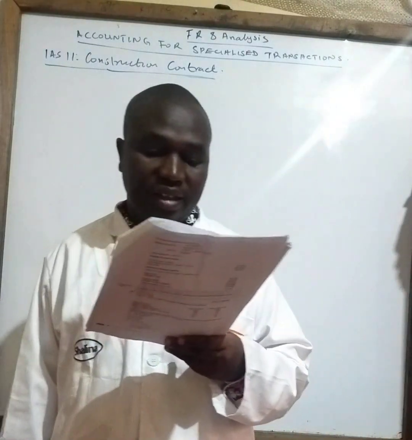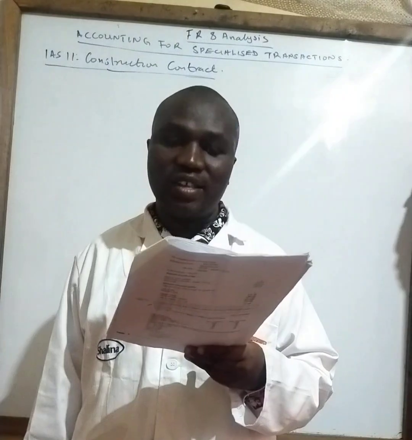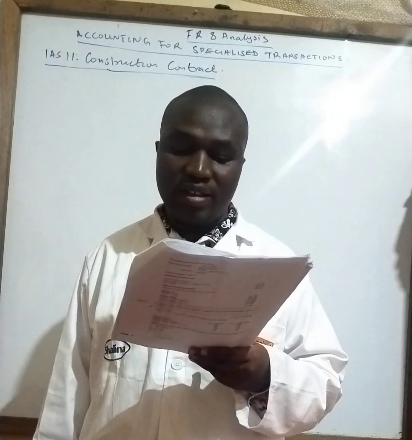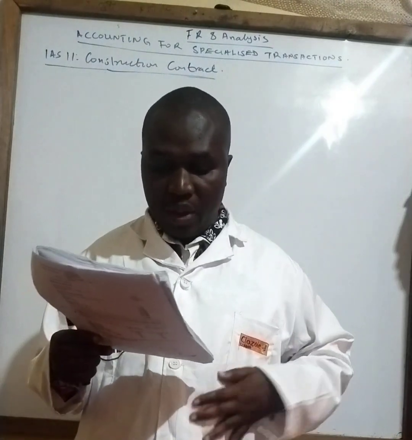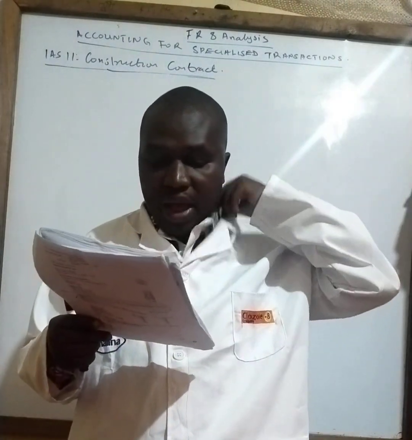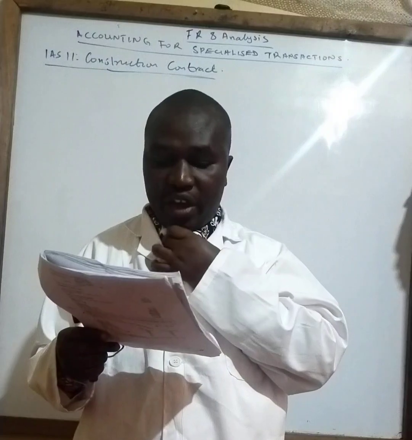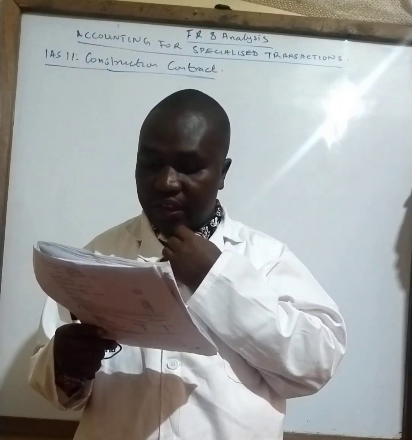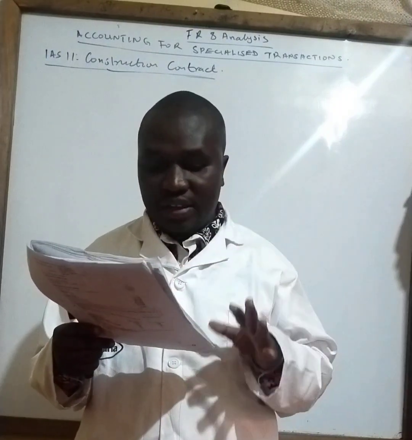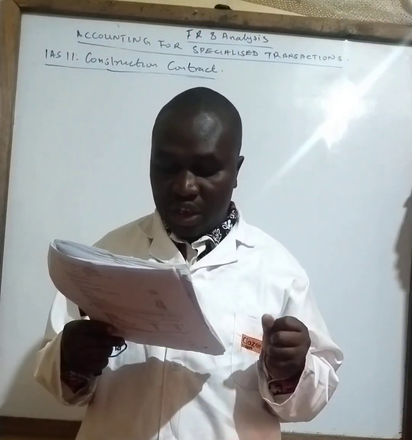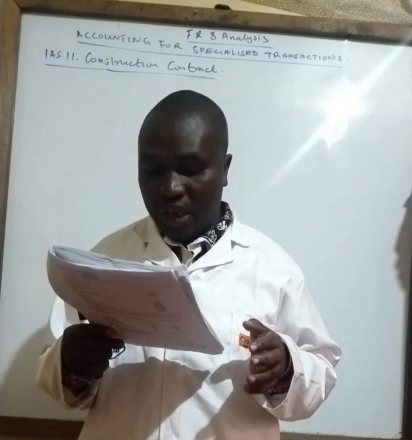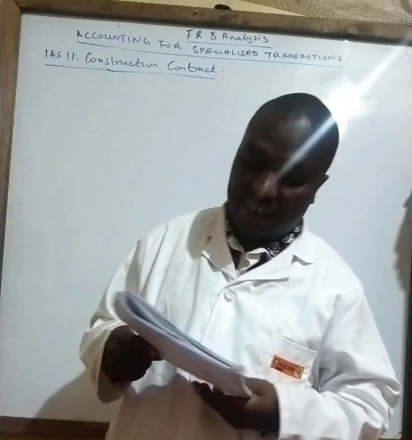Santolina calculates percentage completion based on work certified. So that is the formula for stage of completion required. Prepare calculations showing the amount to be included in the statement of profit or loss and statement of financial position as at 30th September 20x3 in respect of the above contract.